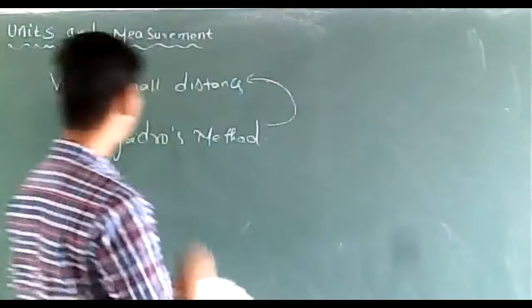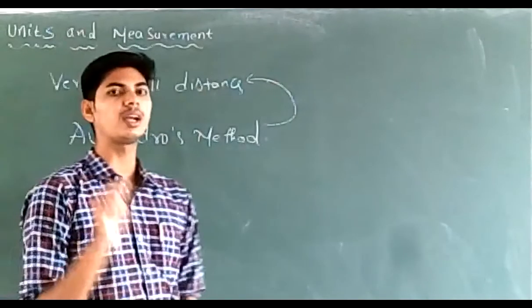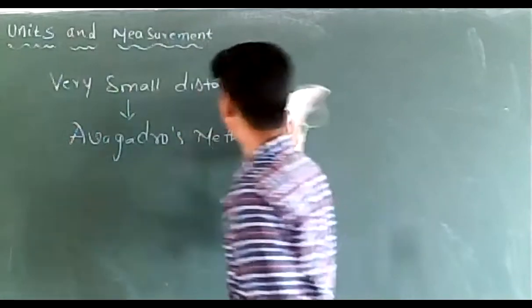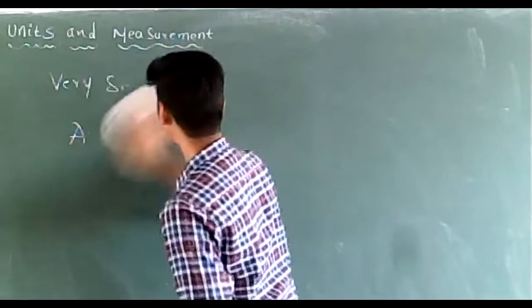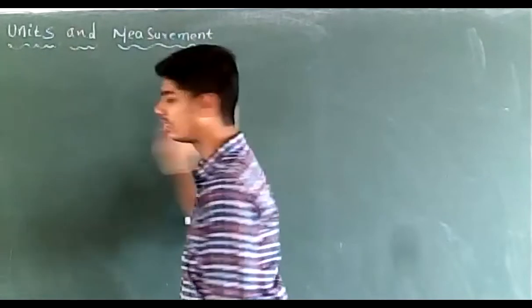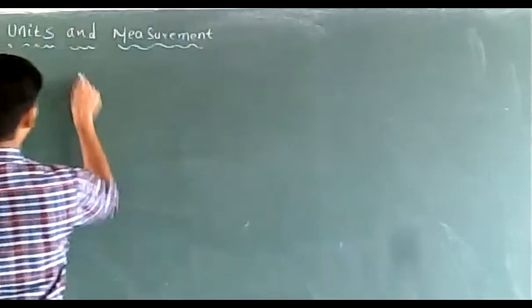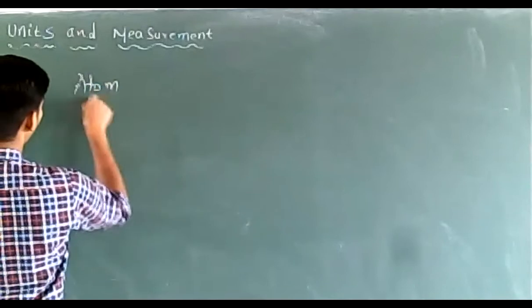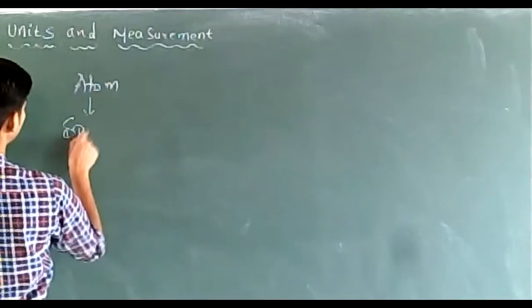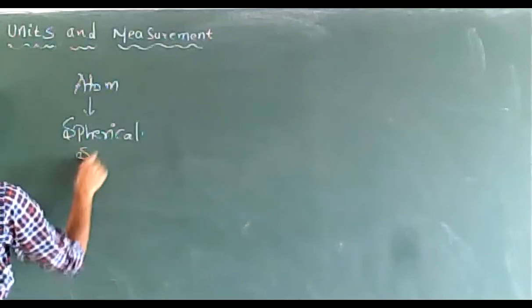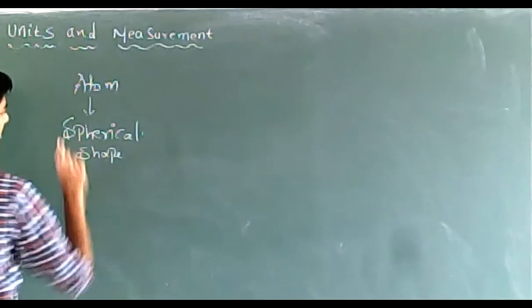Now, before we understand Avogadro's method and how to calculate very small distances, we must know what the shape of an atom is. See, an atom is assumed to be spherical in shape.